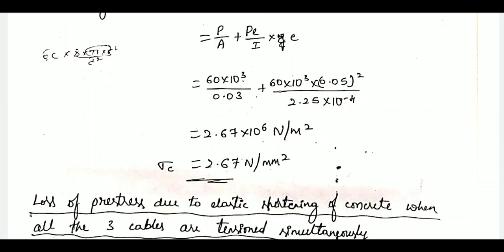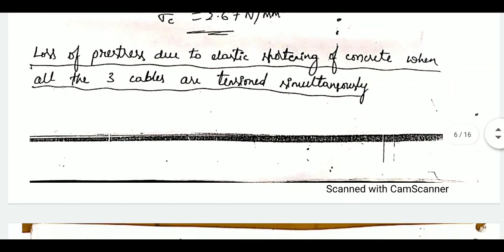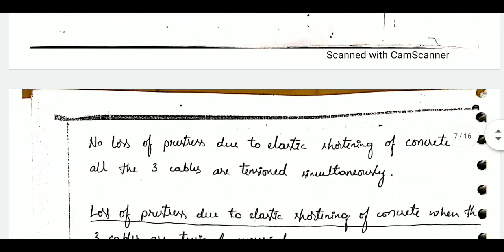If all 3 cables are tensioned simultaneously, that is, at a time we are applying the tensile force for all 3 cables, then in that case there is no loss of pre-stress, and the loss will be 0.